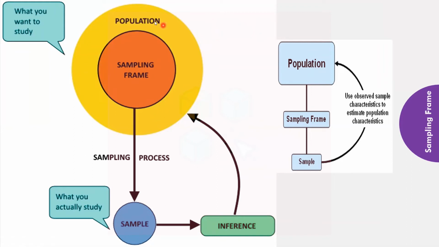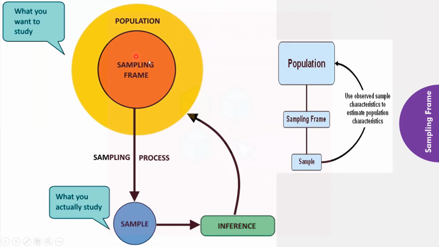Some have left, some have taken admission in another college. So the available population is, for example, 1900. The list of all the students of the first year of Lahore College is our sampling frame. So the sampling frame is definitely less than the population, but it is a part of the population.